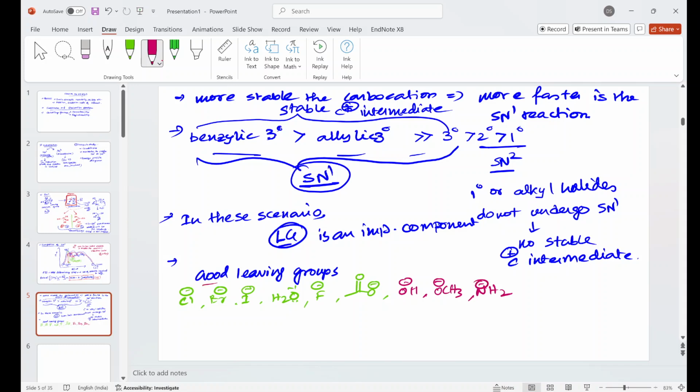So these are called poor leaving groups, while we are going to the pure leaving group.